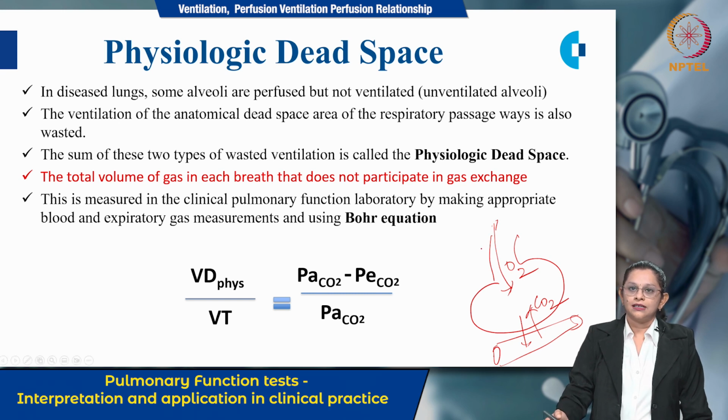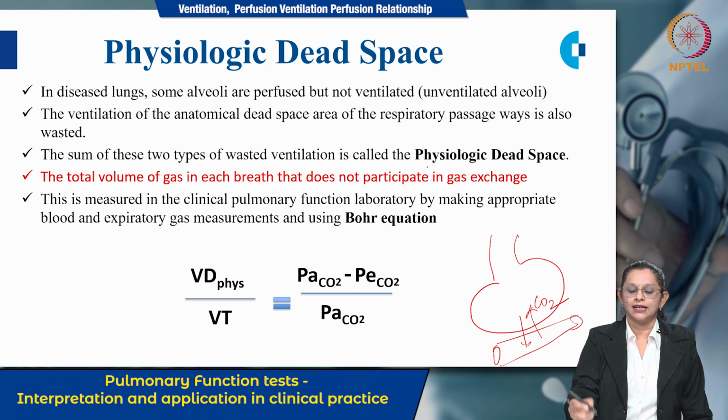There will be certain parts of the lungs wherein the alveoli need not be ventilated. That is, it will not be ventilated with oxygen. So in those cases, that alveoli remains an unventilated alveoli. This unventilated alveoli plus the conducting zone, that is the anatomical dead space, together forms the physiological dead space.